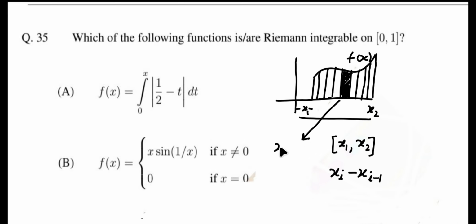This point is our xi minus 1 and this point is our xi. The minimum value of the function, suppose it is mi. Minimum means the height varies, so among these infinite heights you have to choose the least height. This is the one part.